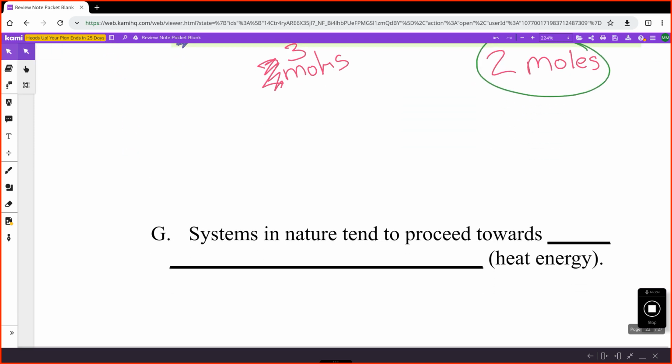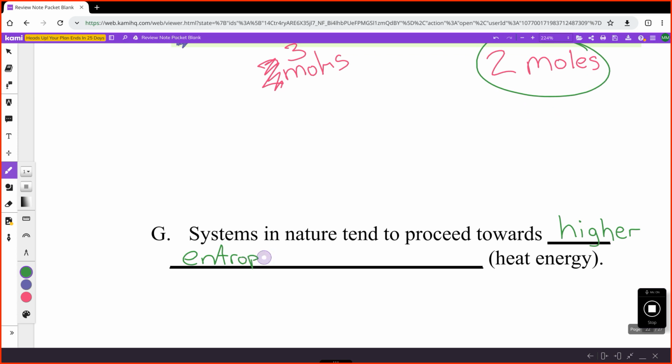The last thing that we need to just discuss is a definition or a term. And the universe is crazy. The universe is chaotic. So systems in nature, meaning the universe, tend to proceed towards higher entropy and lower enthalpy.